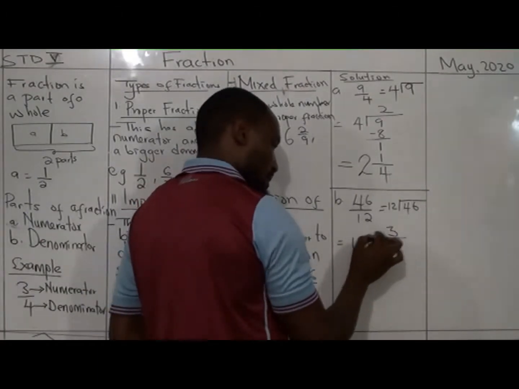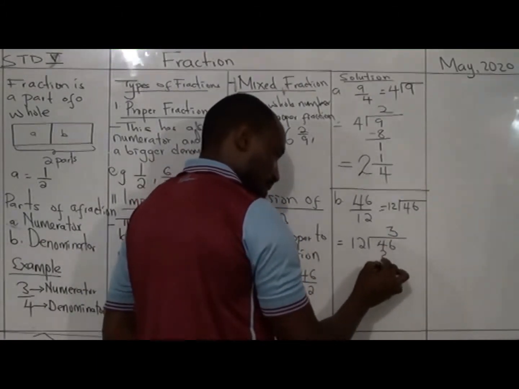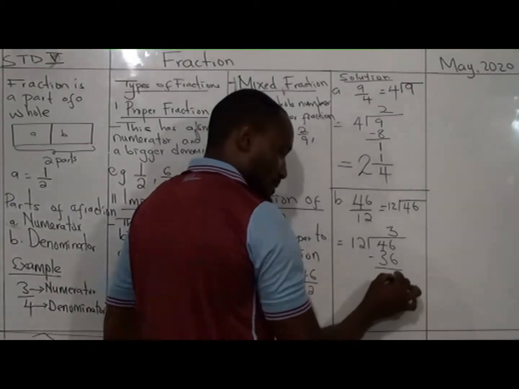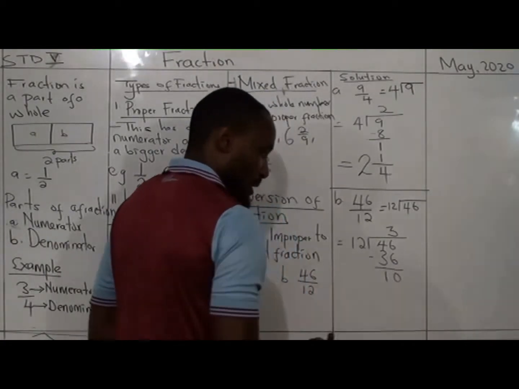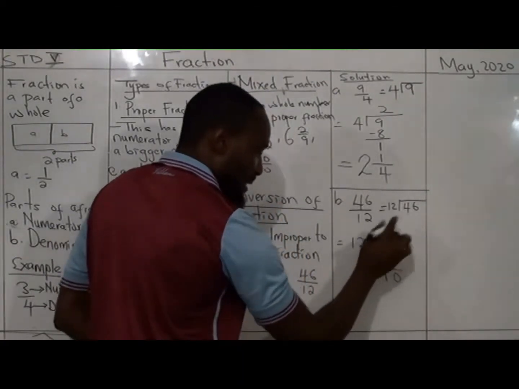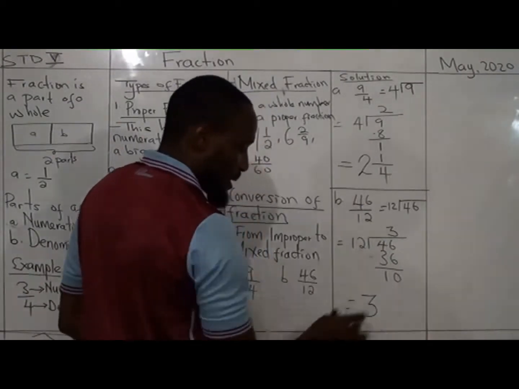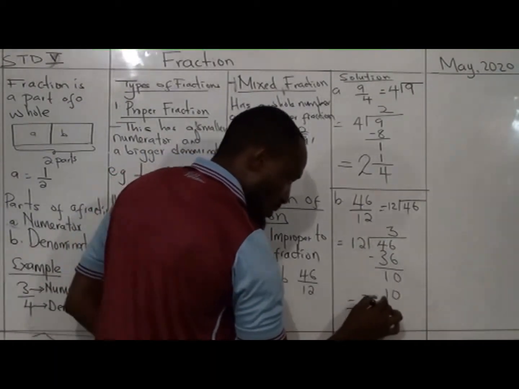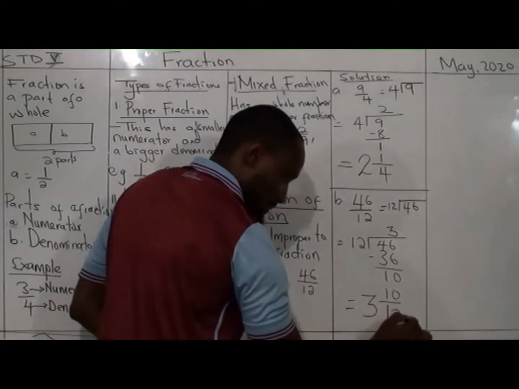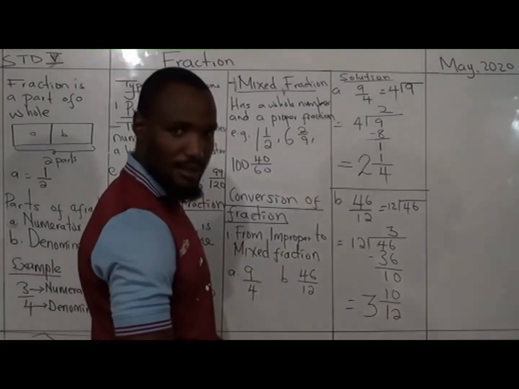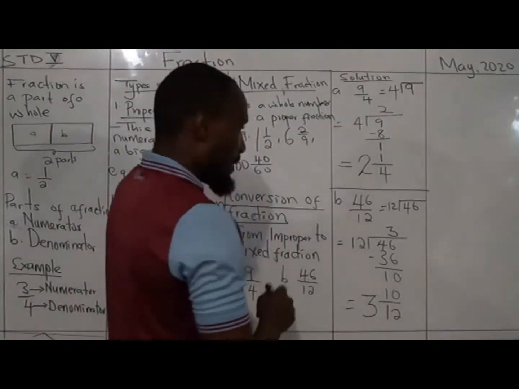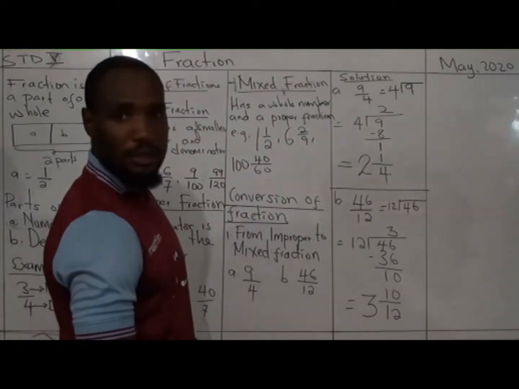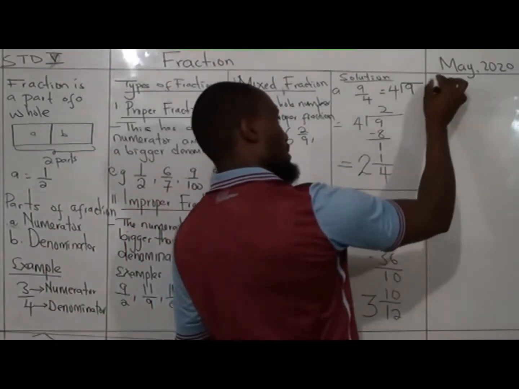Very good. 3 times 12, 36. You subtract to get 10. So I say your answer is the quotient, remainder over divisor. Are we there? Good. If you have understood this, I want you to go and try these questions.